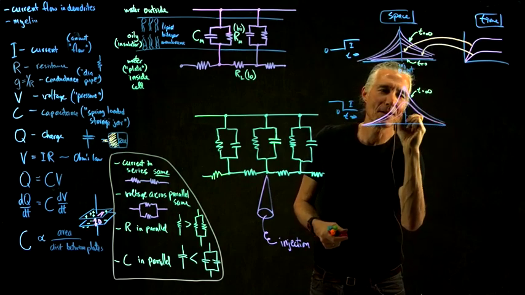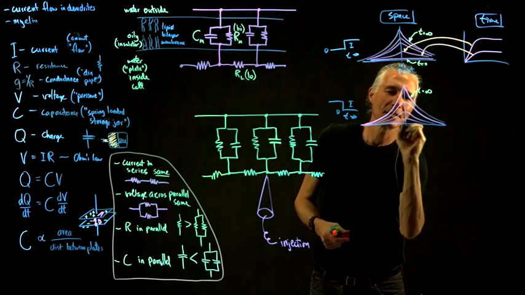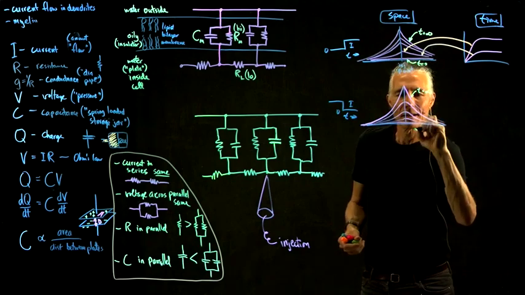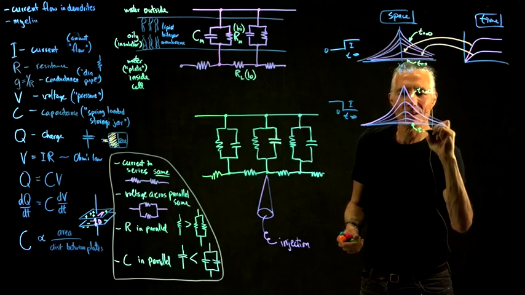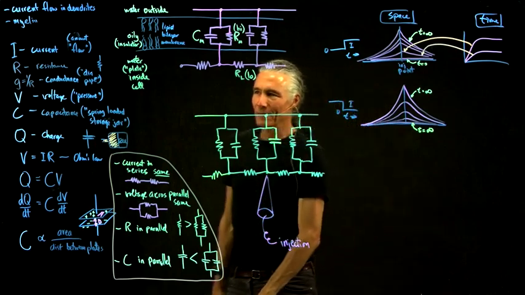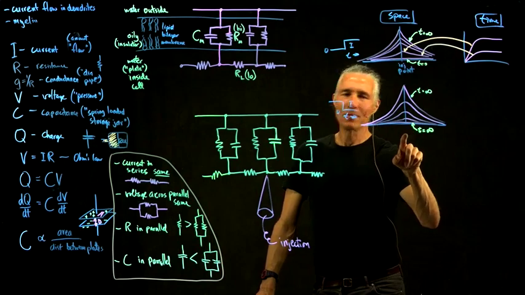It's actually round instead of pointy. Eventually you get back to 0. What's infinity? It's about a half a second or a tenth of a second. And then you get back to 0.